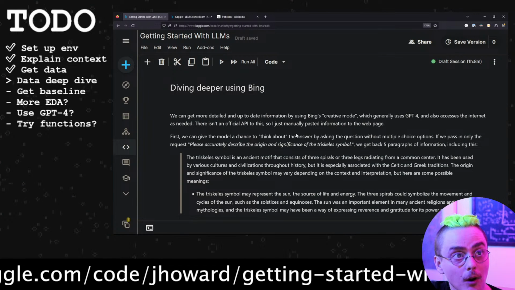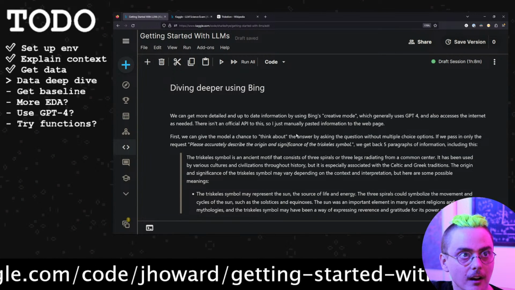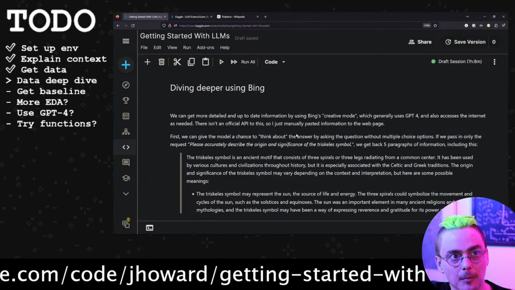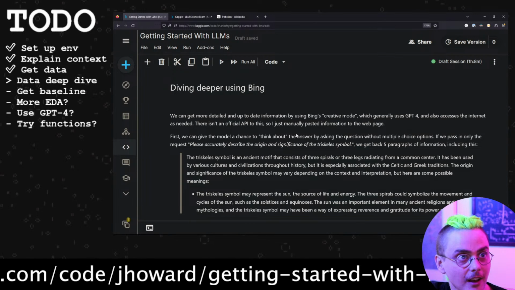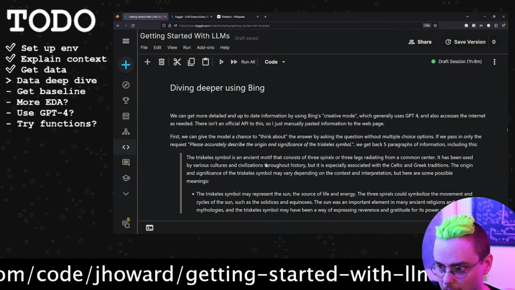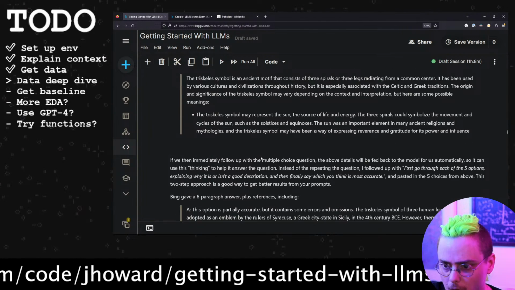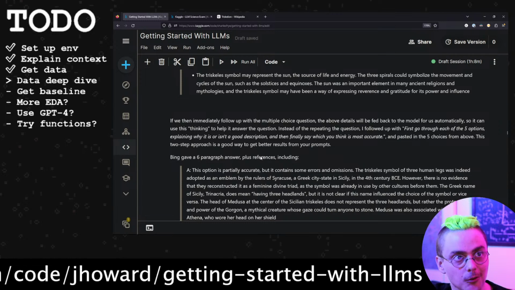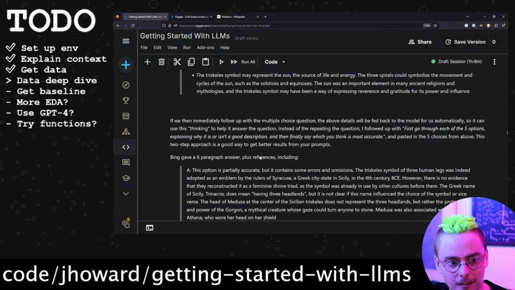That's something you could run on all of the questions: grab relevant Wikipedia pages, use a language model to decide which Wikipedia page is relevant, grab those pages, and answer the questions. So you can use language models to accelerate your work with natural language processing in lots of different places.